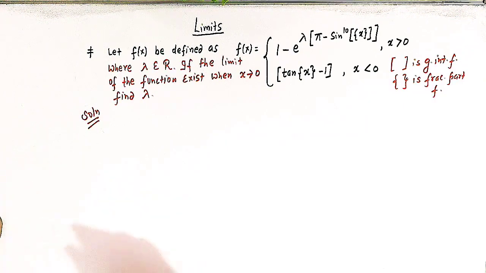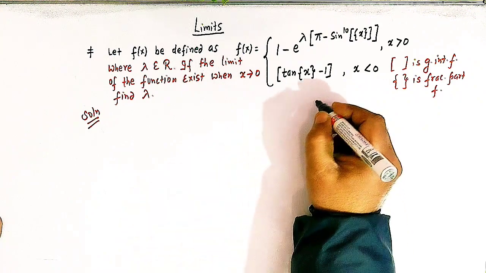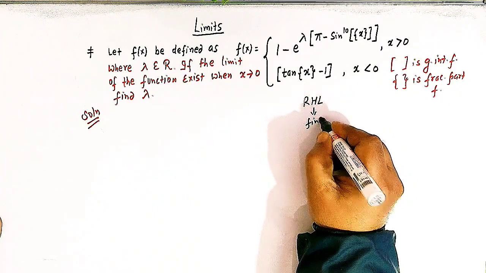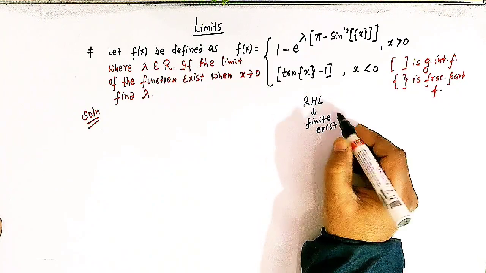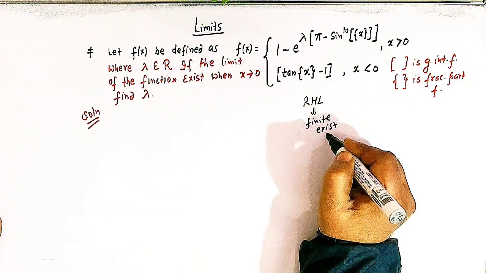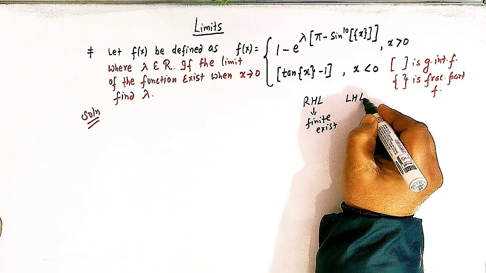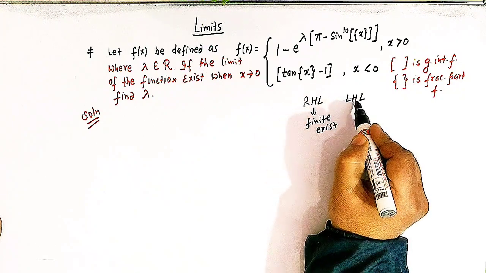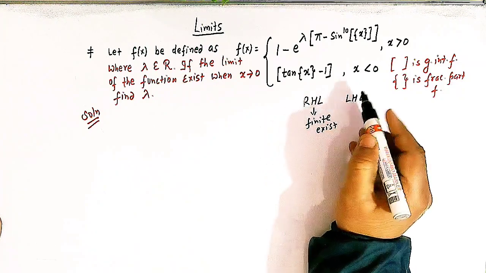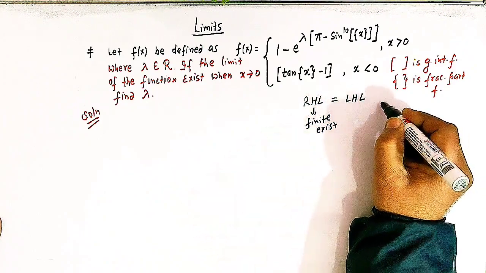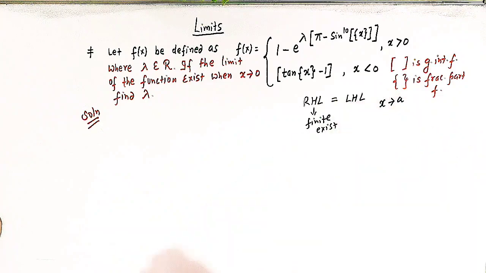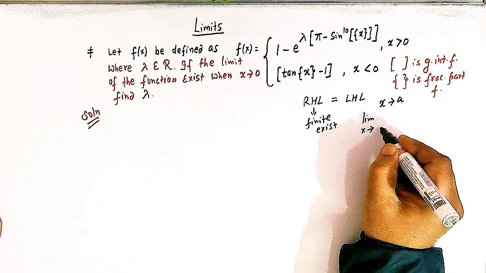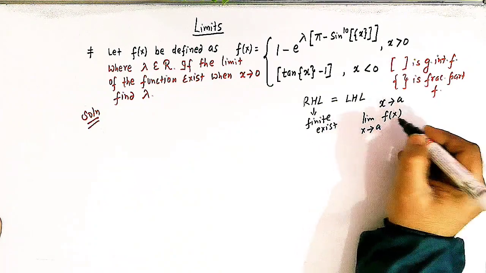So we know that the limit of a function exists if the right hand limit is finite and it exists, right? So if the right hand limit is finite and it exists, and the left hand limit also exists and it is also finite, and moreover if both the limits, that is RHL and LHL, are equal to each other at some point x equal to a, then we can say that the limit of the function when x tends to a exists, right?